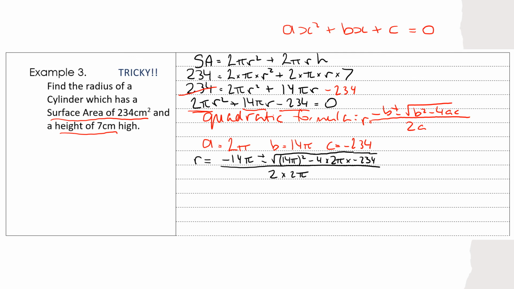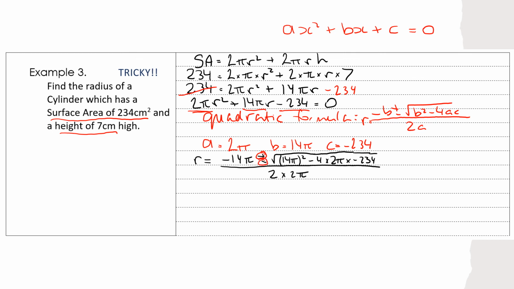Now, I know that looks like a lot, however, pi is just a number, so we can solve this by just putting it in the calculator. Now remember, you will put this in the calculator twice because the first time you will use the plus and the second time you will use the minus.